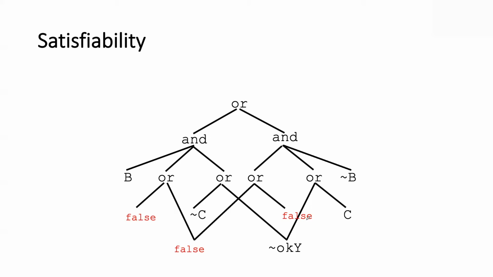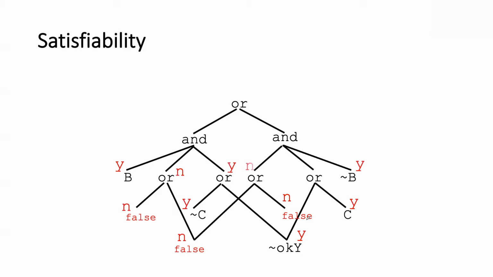Okay, so the answer is now corrected to be no overlap. So remember this because this is going to be an important observation. If you take a decomposable negation normal form circuit and replace some of the literals by constants, it remains a decomposable negation normal form circuit.